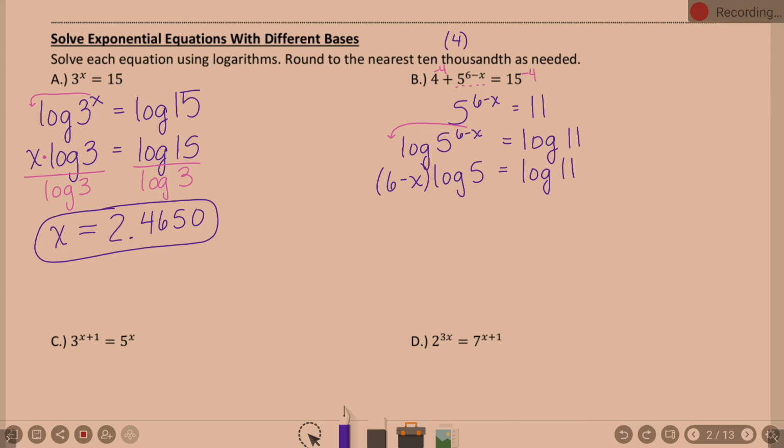Now, sorry, I'm staring at my notes for a moment because I'm trying to decide which way I want to go. And maybe I'll let you guys decide. Our job is to solve for x. There's 2 different ways to proceed that would both work. This is where I was just trying to decide what do I want to suggest, or do I just want you guys to figure it out?